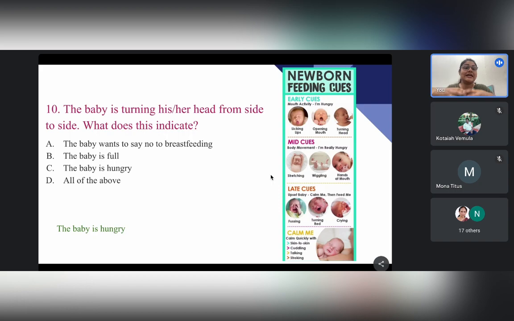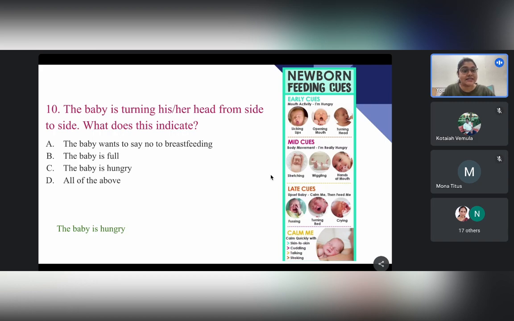These say that now the baby is very hungry. If we don't want the baby to reach the extreme stage, crying, which is the last stage of these cues, then the baby should be fed immediately, right? So the answer to this question is the baby is hungry.